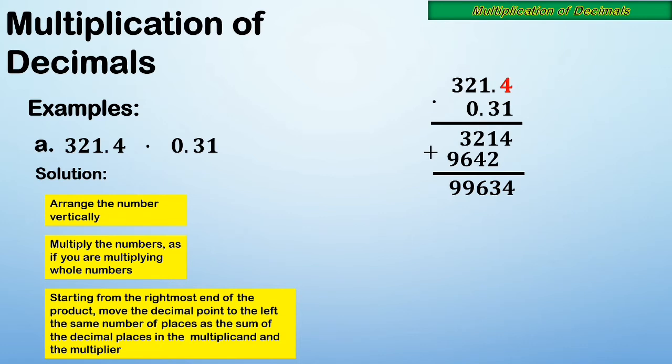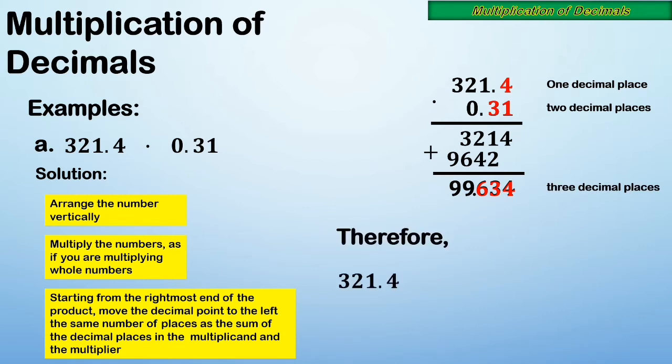For 1 decimal place in 321.4 and 2 decimal places in 0.31, that is 3 decimal places. Dito na siya. Therefore, our answer if we multiply is 99.634. That is how to multiply decimals.